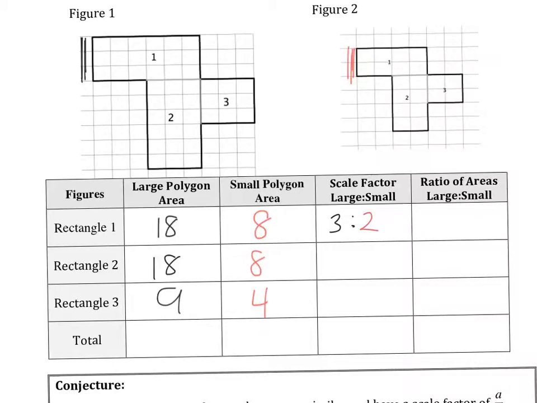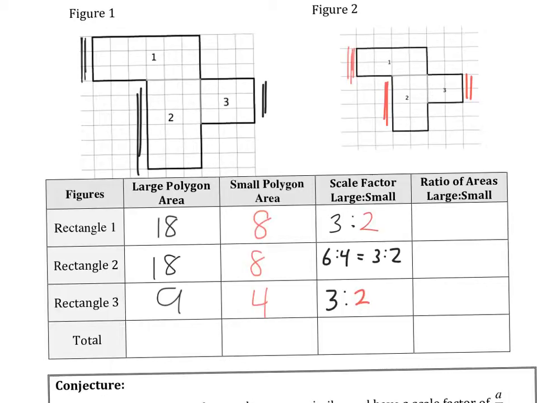Next, looking at the other one, this guy here compared to this guy here. You didn't have to choose those two, but 6 to 4 becomes 3 to 2. We can write those as fractions if we need to. Rectangle 3, which is a square, this guy here compared to this guy here, is also a 3 to 2.